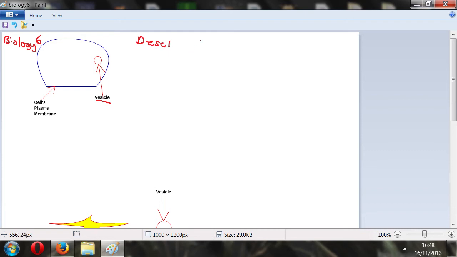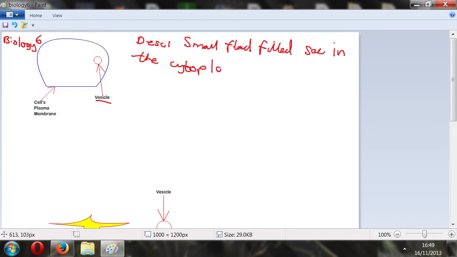The description will be: a small fluid filled sac in the cytoplasm, surrounded by a membrane. So anywhere I draw a line and not just the fill, there's going to be a membrane. And a lot of stuff does have membranes.